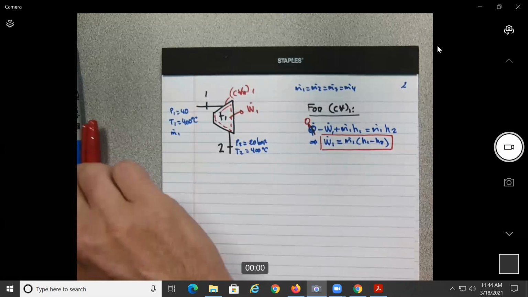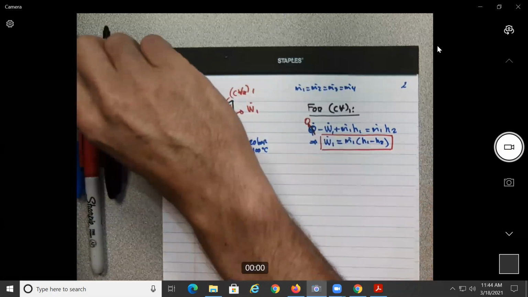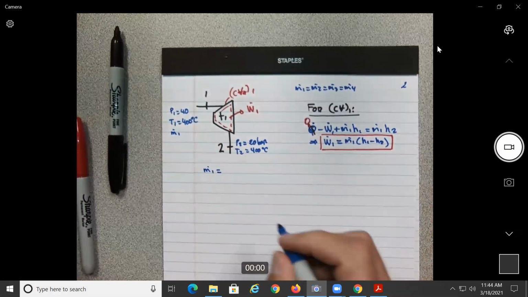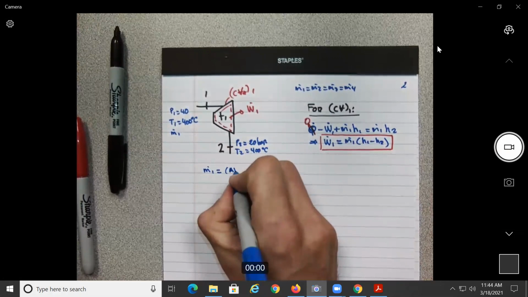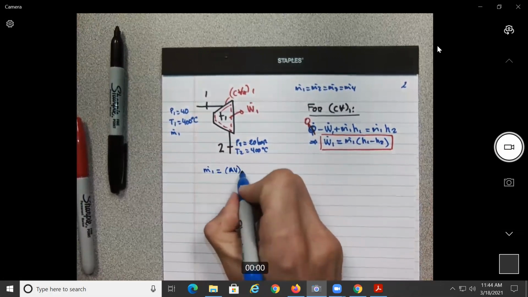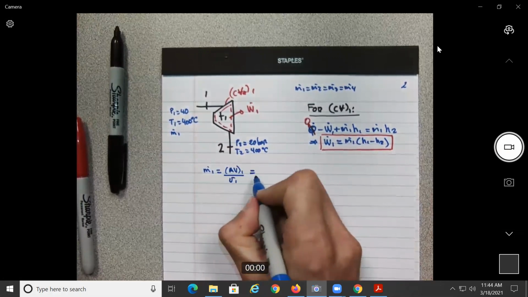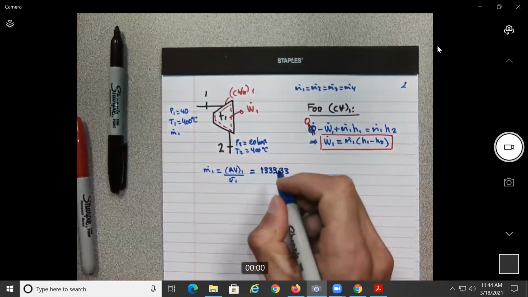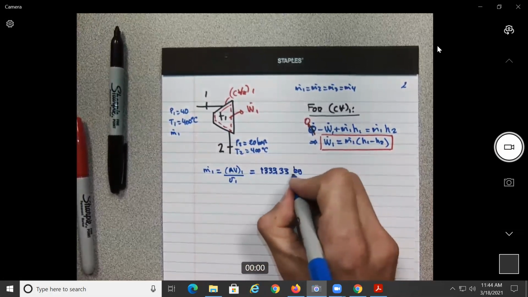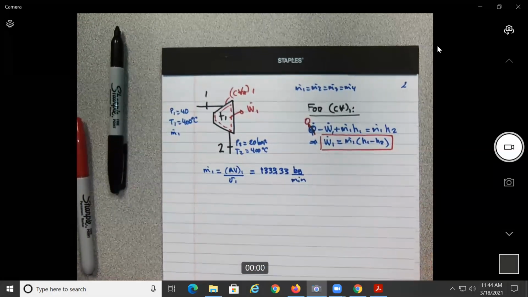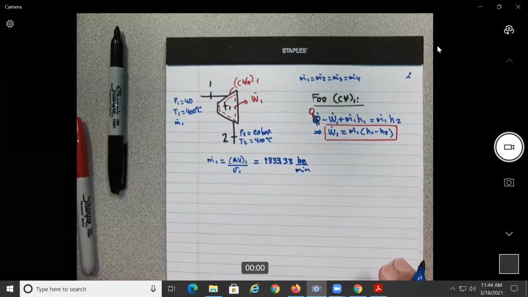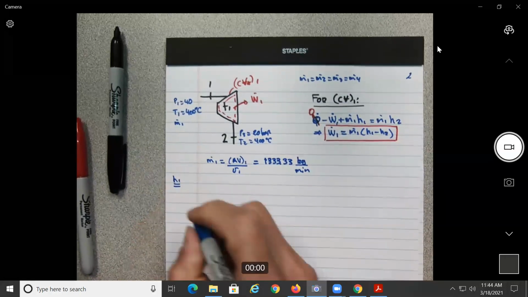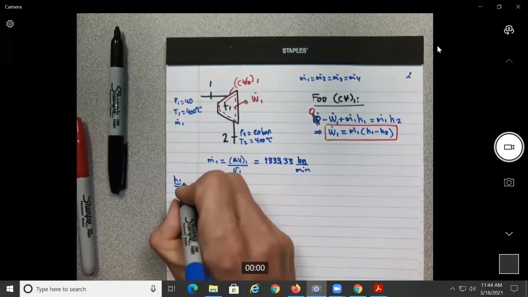Okay, so let's look at the values. What is M dot 1 equal to? We know it's equal to A V. Oh, we already know what it is, no? Sorry, it is given to us as 1,333.33 kilograms per minute. Okay, it's given to us. So now, how can we find H1 and H2?